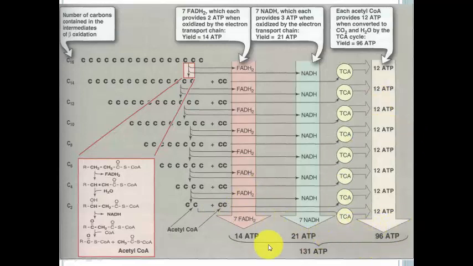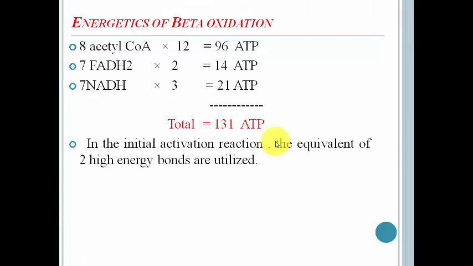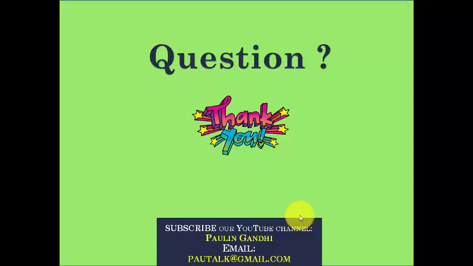So a total of 131 ATPs are produced for the complete oxidation of palmitic acid. But as we have seen, there is a utilization of 2 high energy compounds for the activation of the fatty acid. So 2 ATPs are used, and the net energy that we yield from the 16 carbon compound is 129 ATPs. Okay, so this is how the energy is produced from different fatty acids.